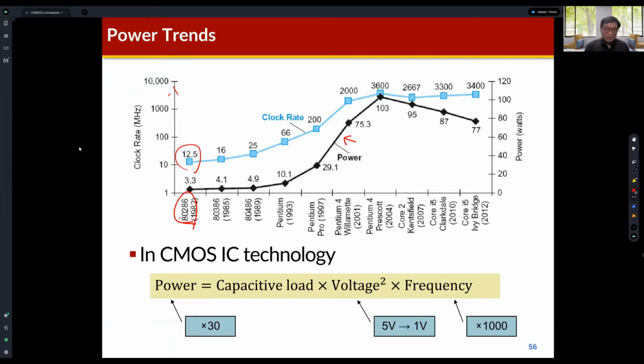But the clock rate increases continuously, and it reaches 2 gigahertz with the Pentium 4 CPU. And then recently we are using the Core architecture, whose clock frequency is usually over 3 gigahertz, right?